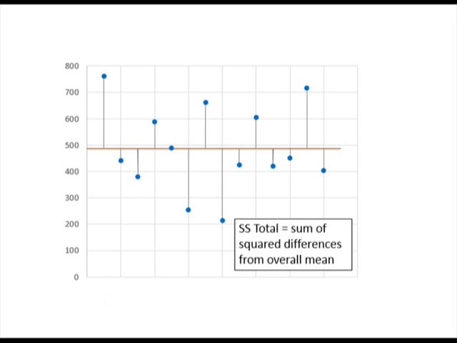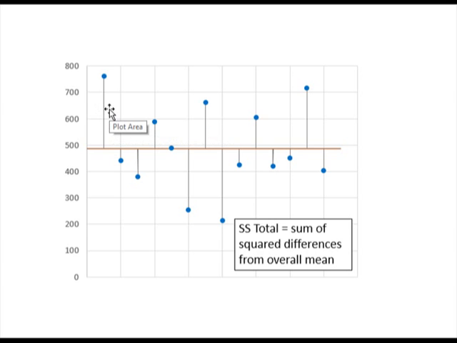Now when we complete the ANOVA table, one of the things that we're calculating is how much variation there is in the data set. For this first observation here, we've got a house that sold for about $760,000 or so, and that's considerably above this sample mean of 486. That difference between 770 or so and 486 represents the length of this line.